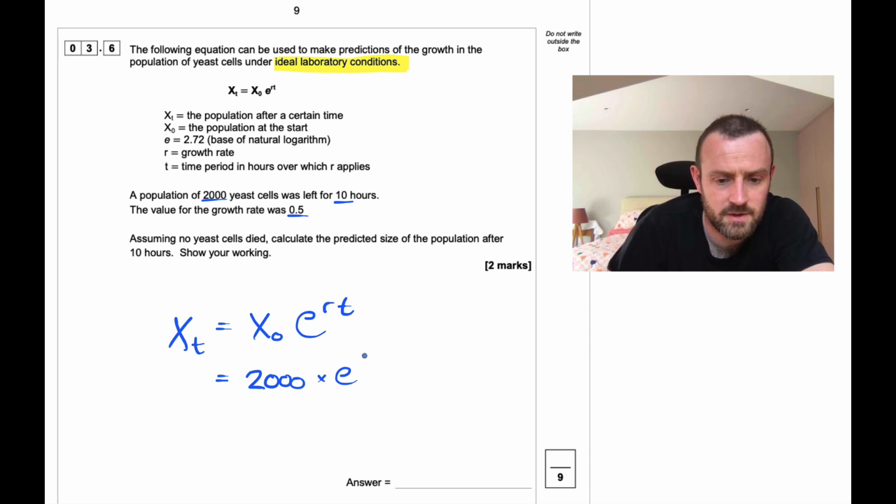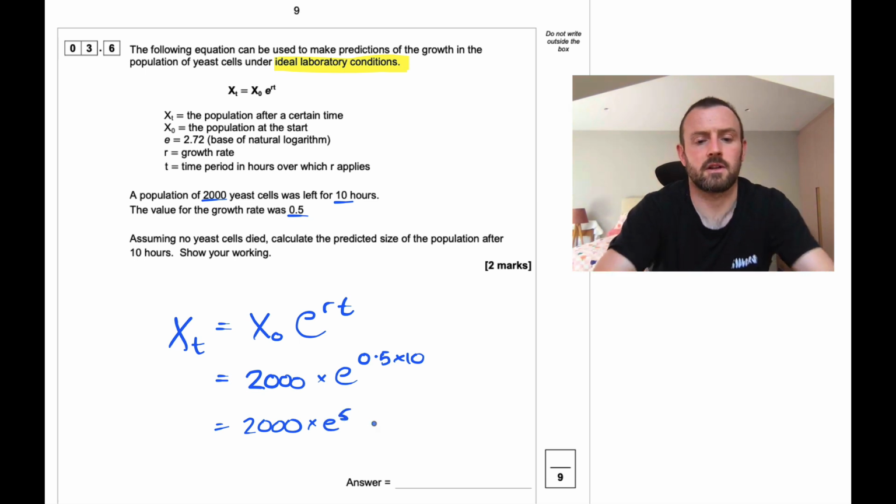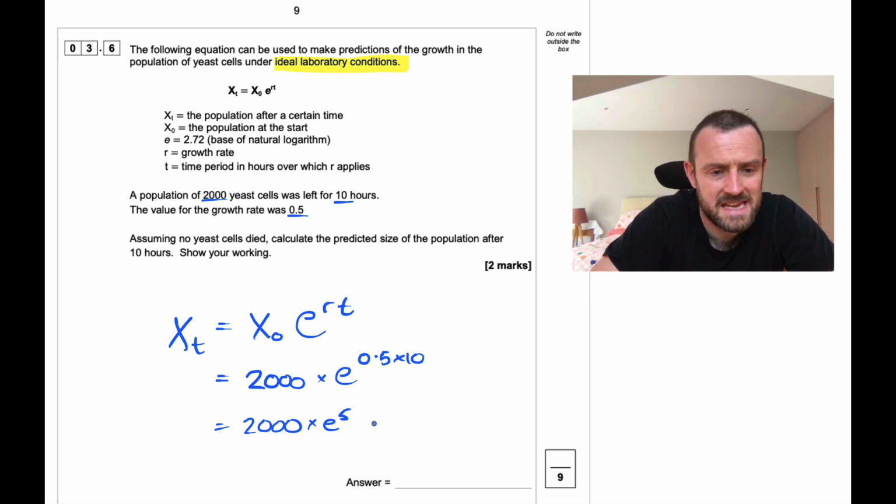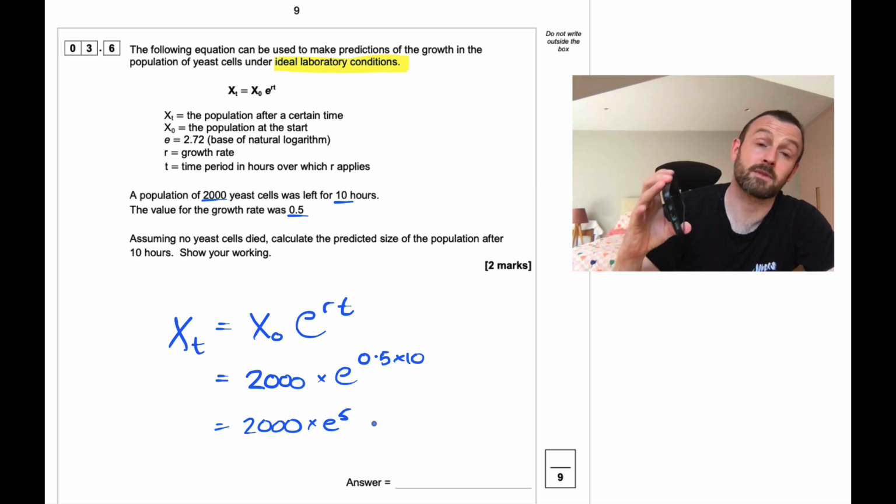So the growth rate is 0.5 and t is 10. So it's 2,000 times e to the 5. Okay, so I'm going to do that on my calculator. Remember, e is 2.72, so I'm going to put in 2.72. You've probably got this on your scientific calculator.